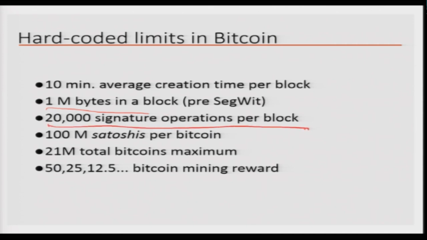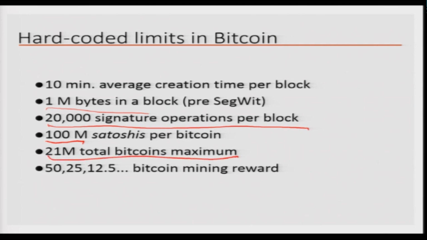There are 20,000 signature operations per block, and every Bitcoin is divided into 10 to the 8 satoshis. So the resolution of paying Bitcoin is about 10 to the 8, and there are 21 million total Bitcoins maximum.